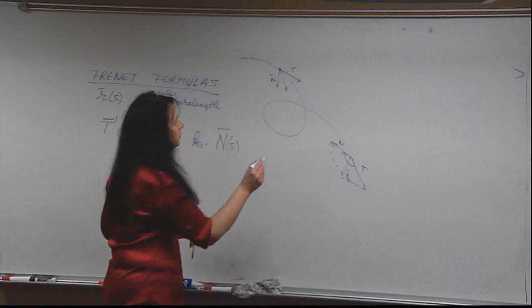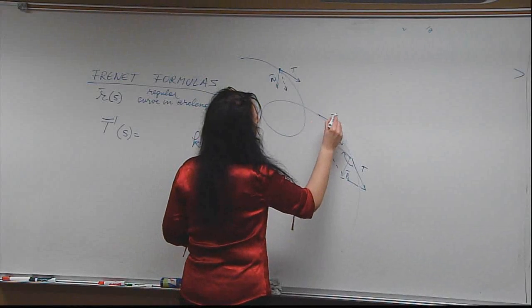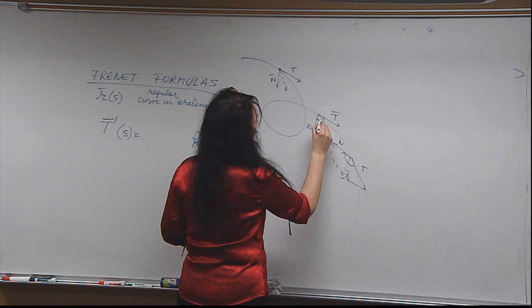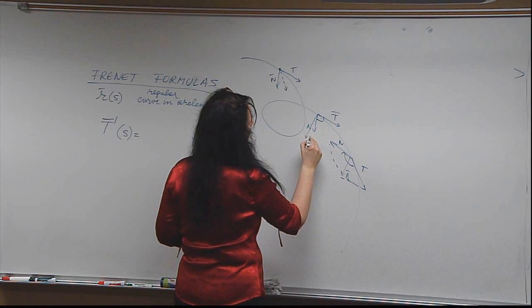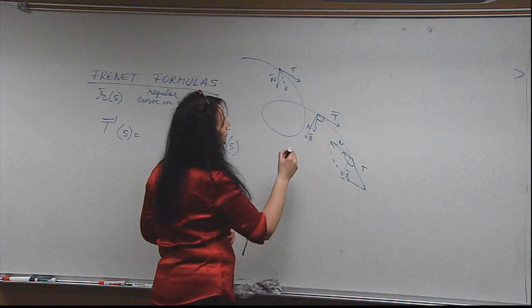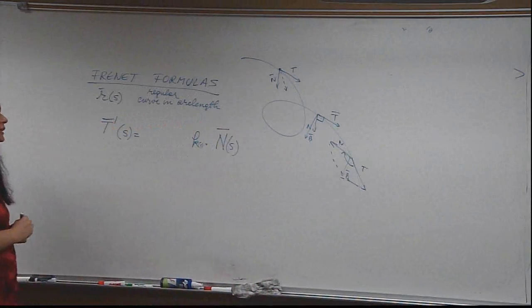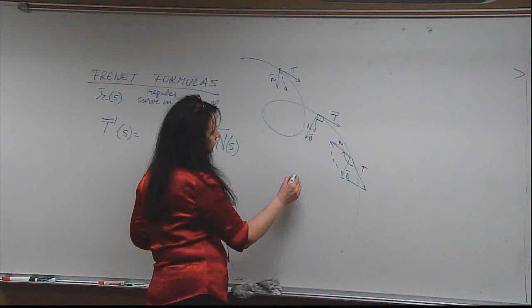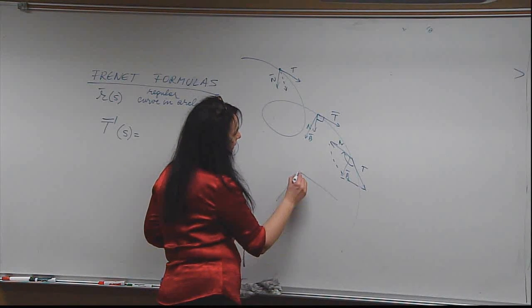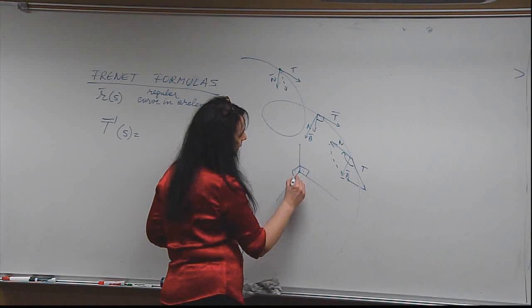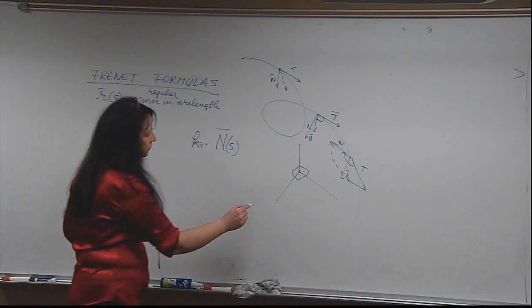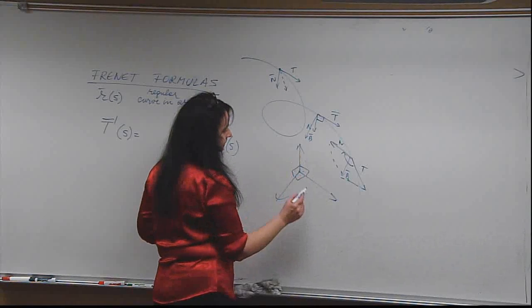Something like that. At every point you have a T, an N, and it's a 90-degree angle. Then you have the binormal, which makes a 90-degree angle with each of T and N. So guys, the way you should imagine these corners would be something like that, right? 90, 90, 90. It's just hard to draw them between the vectors you have here.